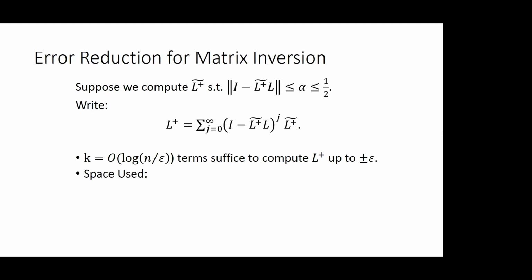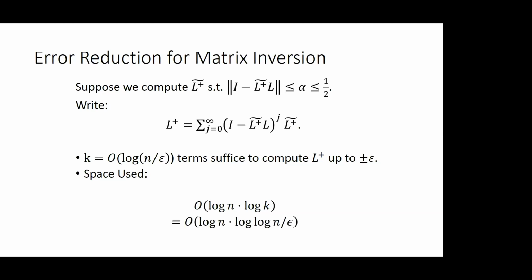So if we look at the amount of space that this algorithm uses, it's log n times log k. The reason for that is just because it's a polynomial in matrices, and if you do a standard divide and conquer algorithm for multiplying and adding things in low space, you get log n times log k.